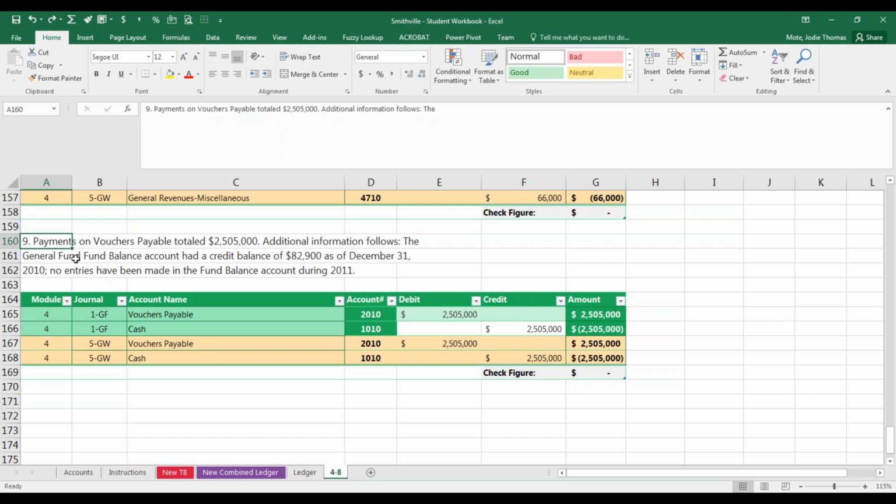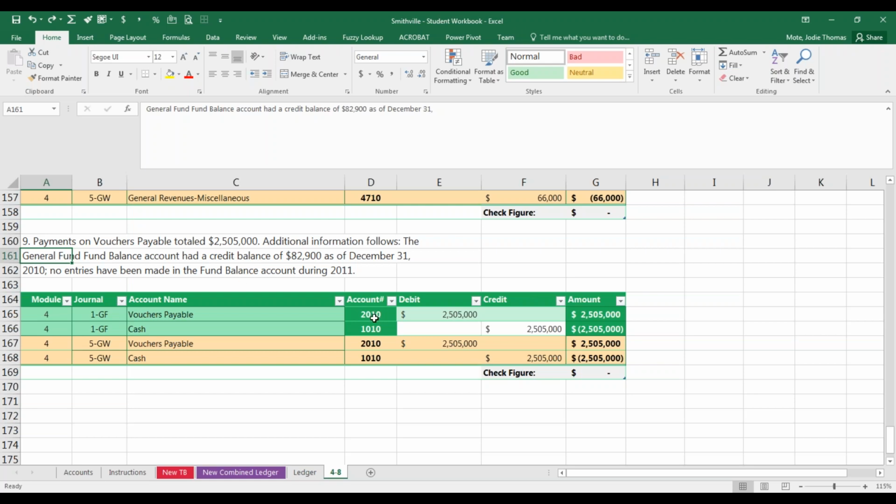All this is just additional information, not really usable here, except if you're creating a statement. You'll have a statement of revenues and expenditures and changes in fund balances, it's called. You would need to know that beginning general fund balance.